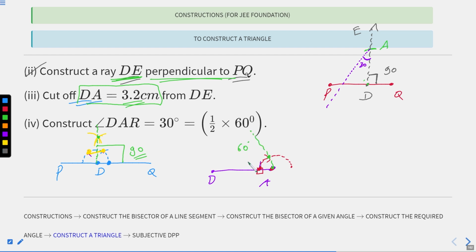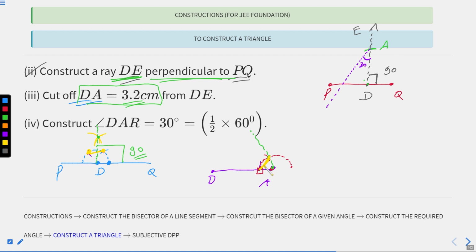Now I have to just bisect this angle to get a 30 degree angle. So how are we going to bisect it? It is quite easy to bisect it. Just follow these steps. First, join this red and this green point, as you can see, I am joining in the color yellow.